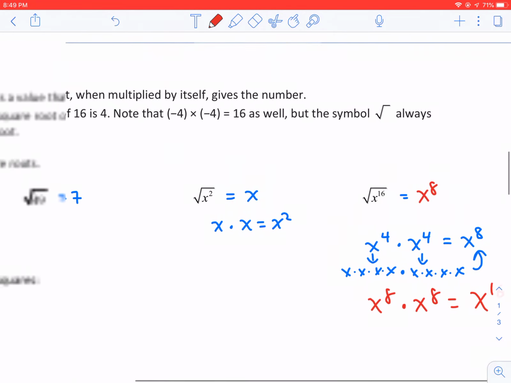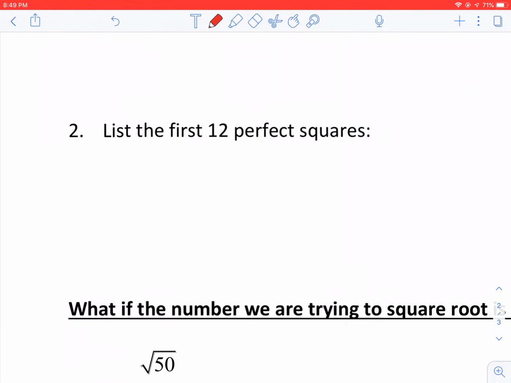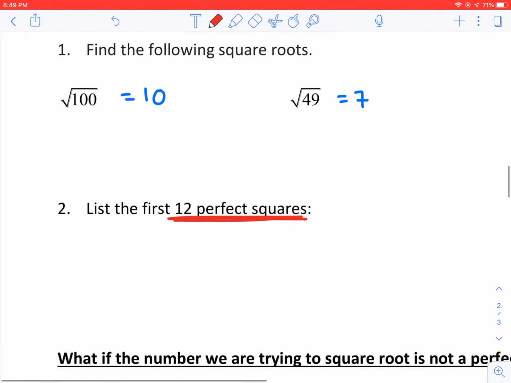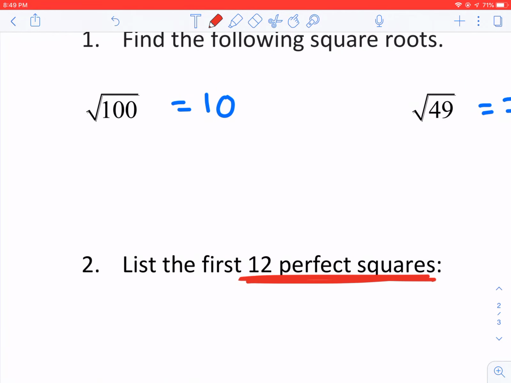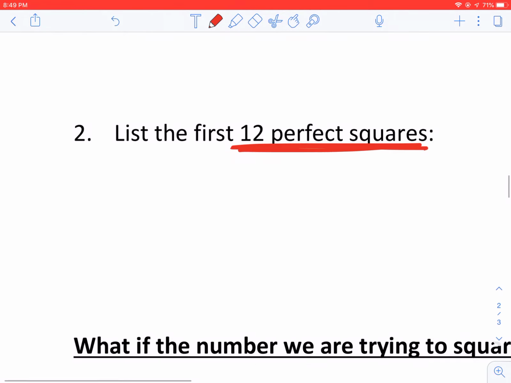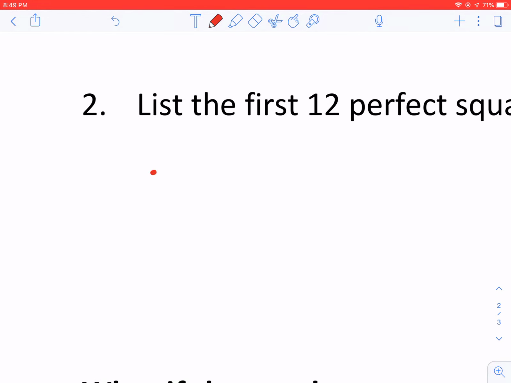And we are able to take the square root of those numbers because those numbers are things we call perfect squares. Right? A perfect square is something you can take the square root of nicely, like 100, like 49. So if you list out the first 12 perfect squares, well, actually, you're going to skip the first one. The first one is going to be the square root of 1, which is 1. Right? But the next number we can take the square root of is 4, because 2 times 2 is 4.